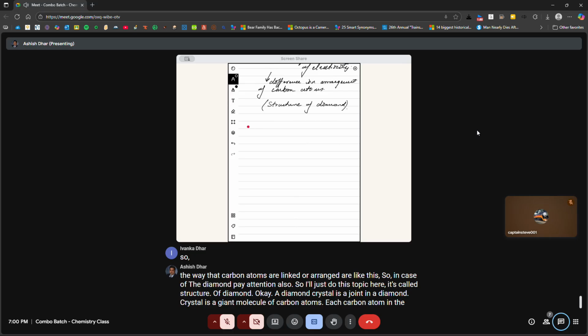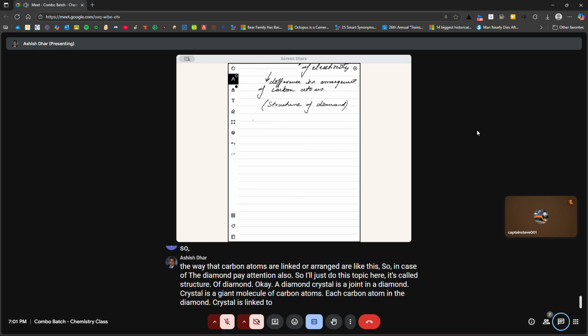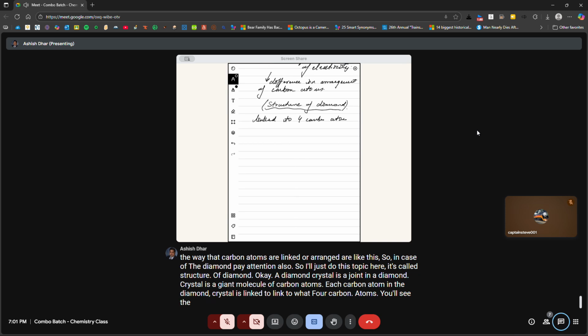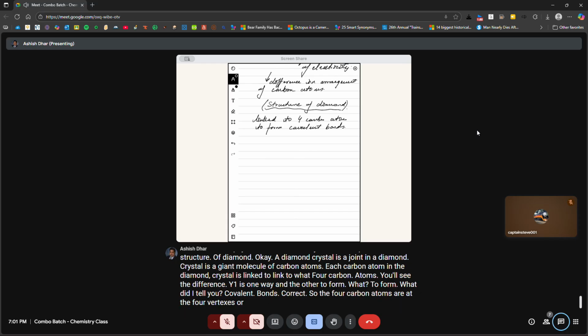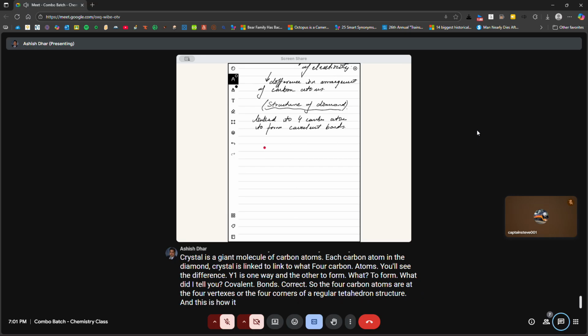Each carbon atom in the diamond crystal is linked to four carbon atoms. You'll see the difference. To form what? To form, what did I tell you? Covalent bonds. Correct? So the four carbon atoms are at the four vertices, or the four corners, of a regular tetrahedron structure.